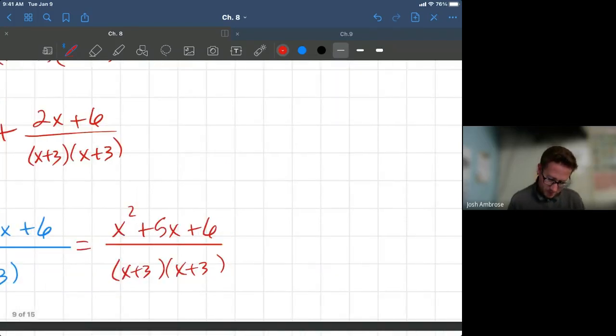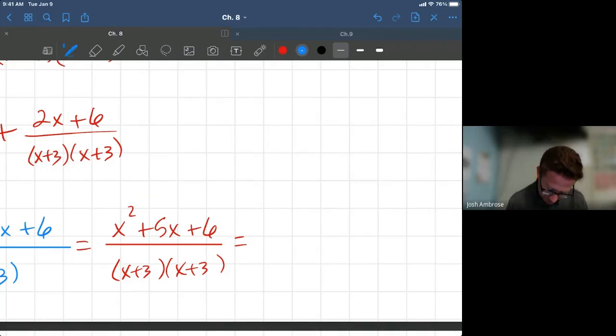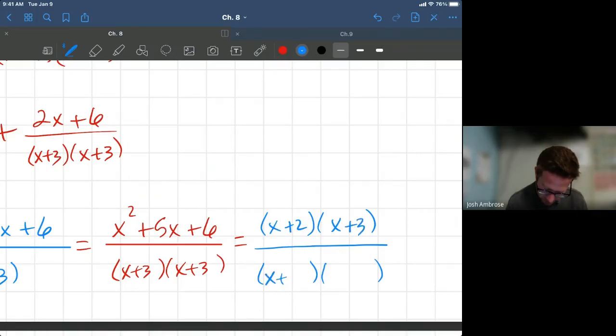We are almost there, but we're not done yet. Why? Because we have a numerator, this trinomial, that can be factored and then broken down. So let's do that. It will factor to x plus 2, x plus 3, over our common denominator.